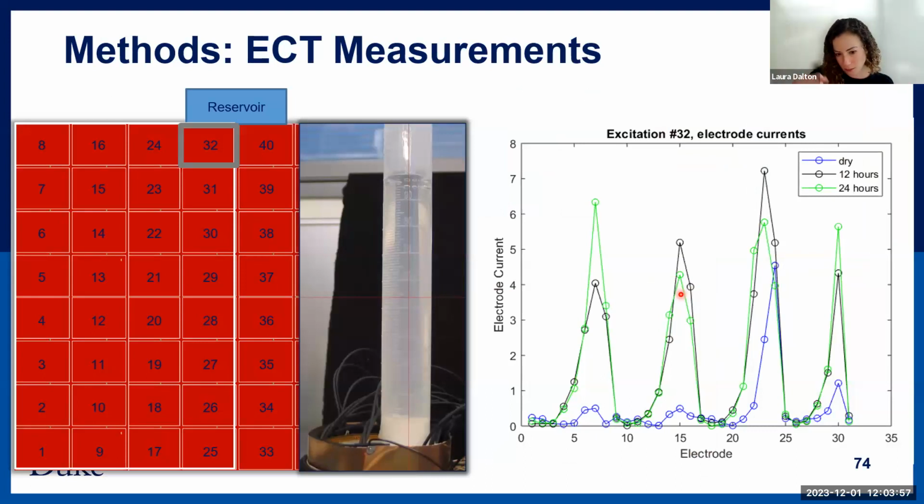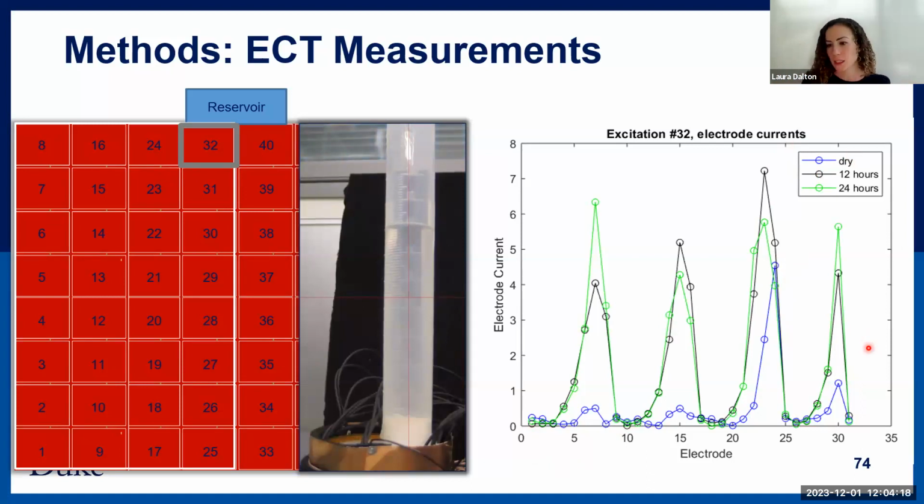So basically we just put a reservoir on top of our sample, and we did a dry scan. So in this case, you're doing a measurement as a baseline. That's what's shown in blue here. And then as the water's going down, each one of these electrodes will go through very quickly and do measurements to each other. So basically you ground one.